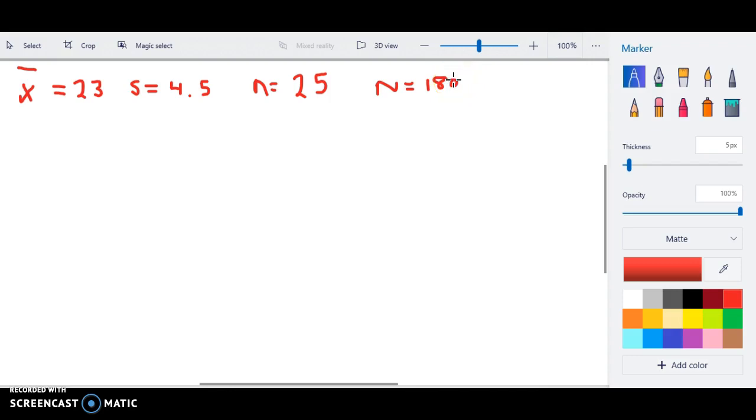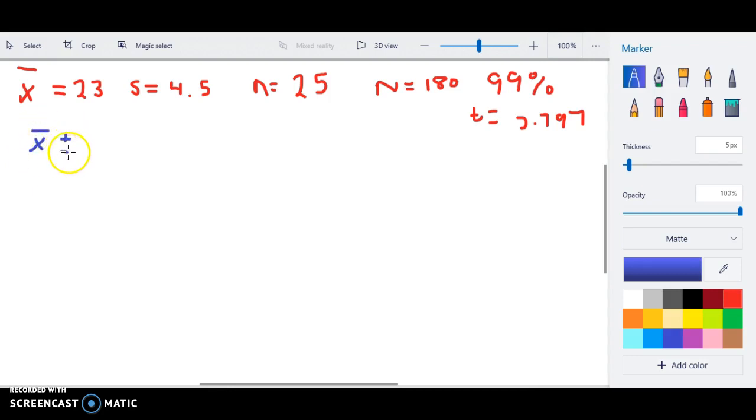We know that it's a 99% confidence interval, and the t-score, which gave us the most problem, is 2.797. I think it was just a typo in the example. So now we can use our formula.